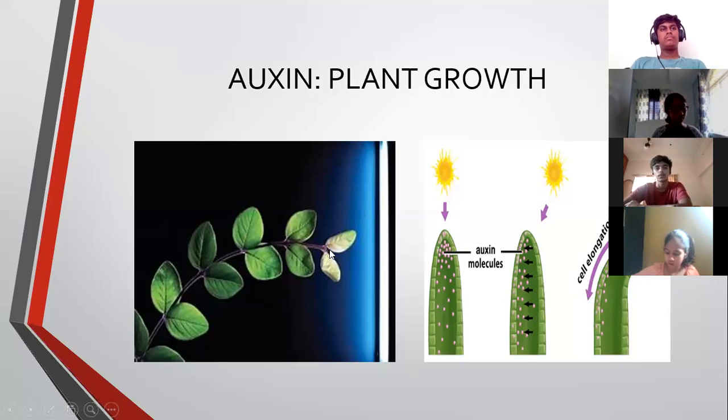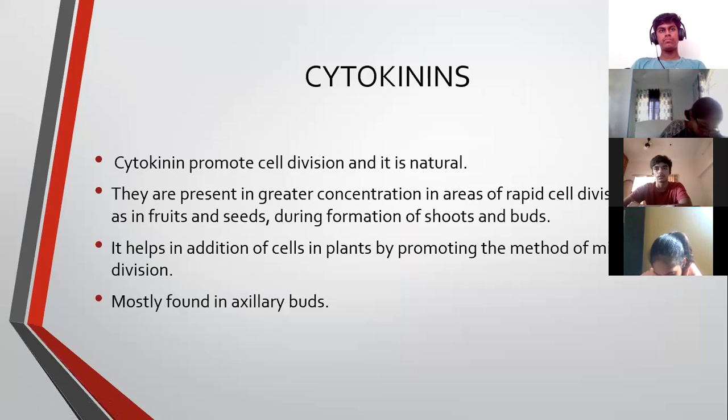So cytokinin is present in every single junction where there is development of a leaf or maybe a branch. So any place where there is formation of a new part of the plant, there is presence of cytokinin. That's why it is mostly found in auxiliary buds. Auxiliary buds means the places where the leaves or the buds are growing.